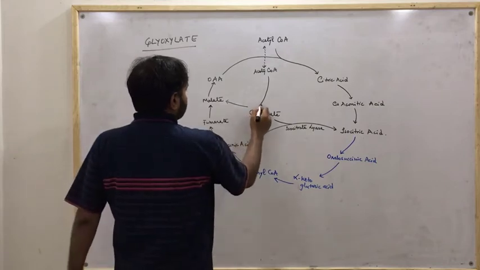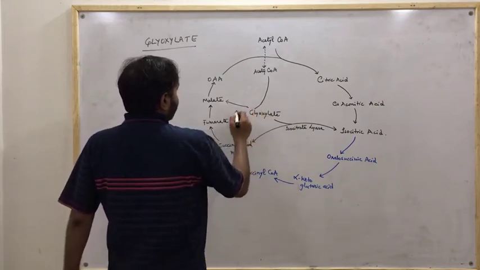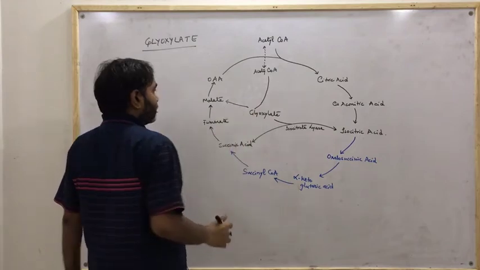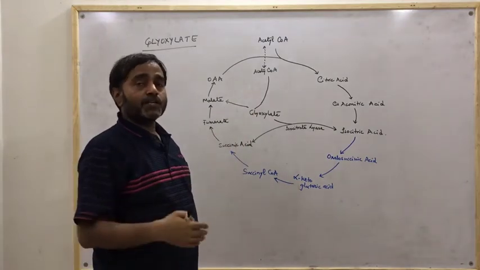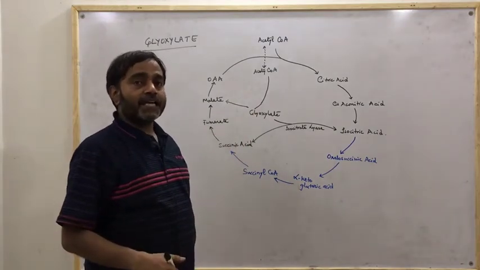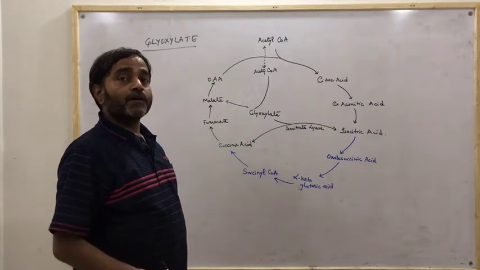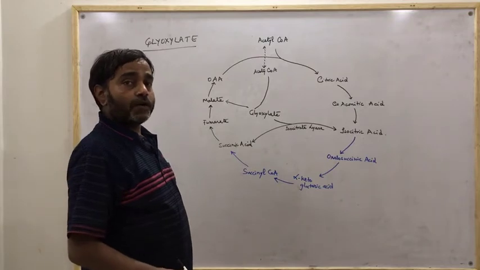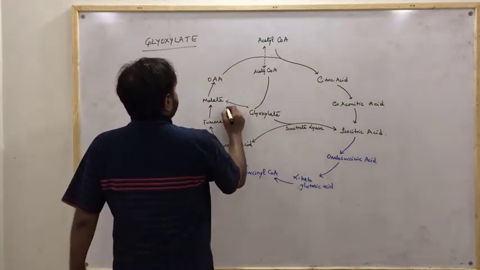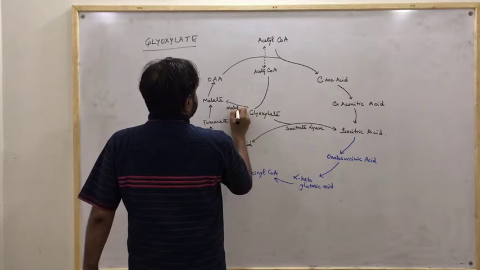And from glyoxylate, it is possible that malic acid or malate can be synthesized directly, and the enzyme that works in this step for the conversion is called malate synthase.